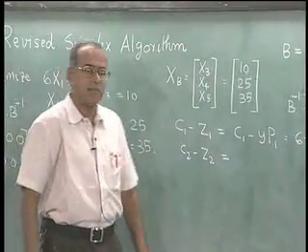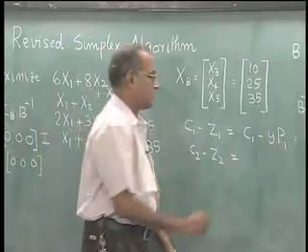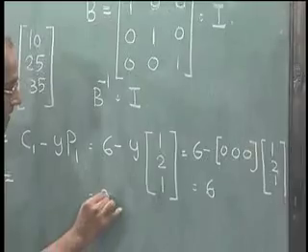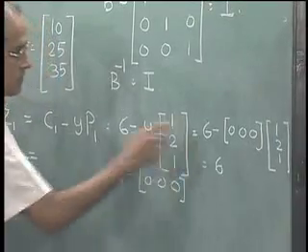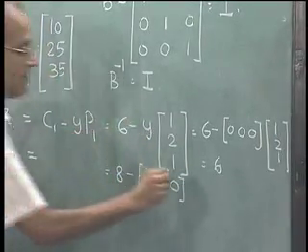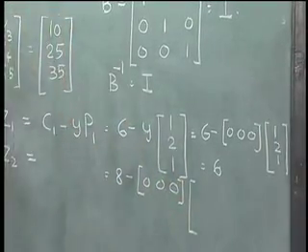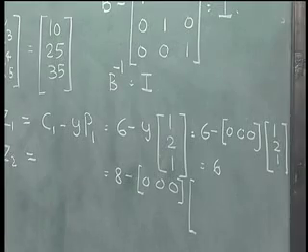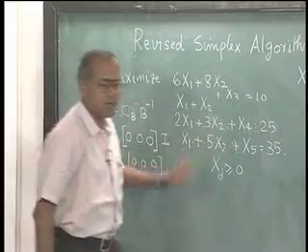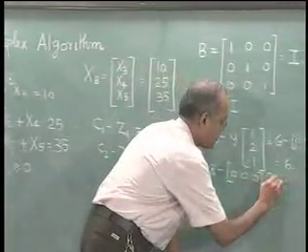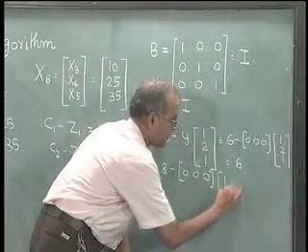In a similar manner, C2 minus Z2 will be 8 minus 0 0 0, which comes from the value of y, multiplied by P2, which is the vector corresponding to variable x2, which is 1 3 and 5.